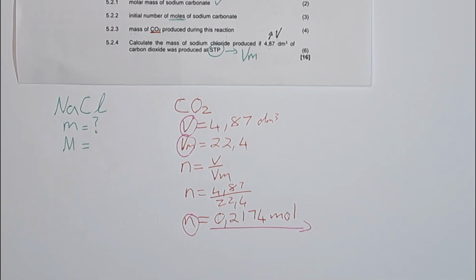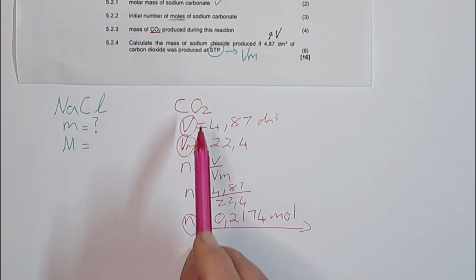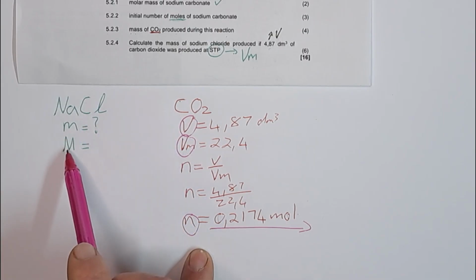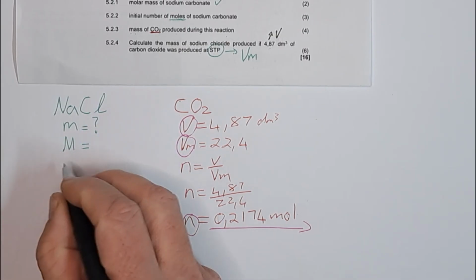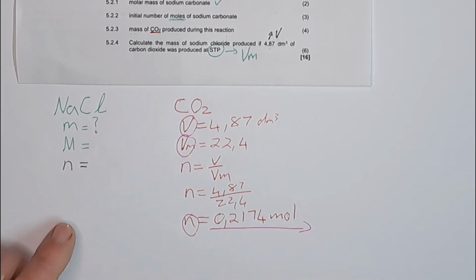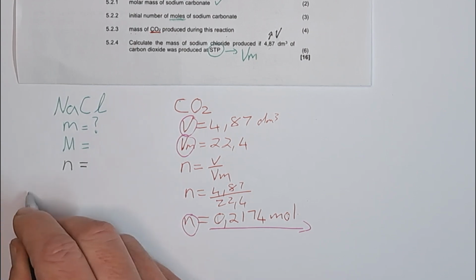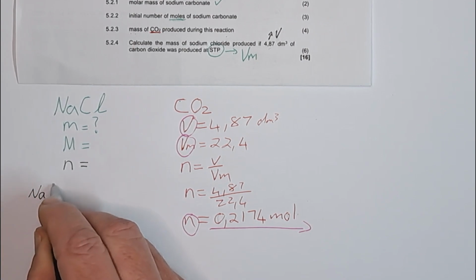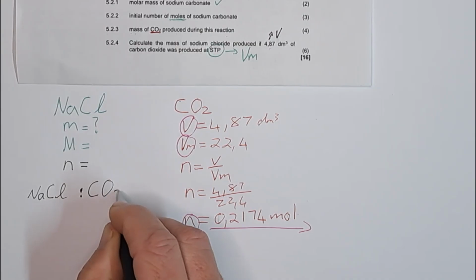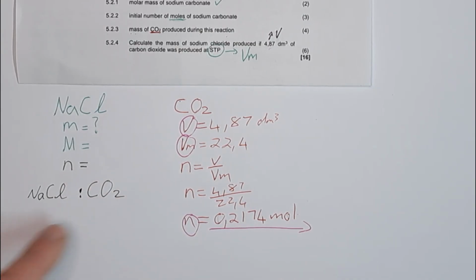So remember the ratio now. When we have a mole of one substance, we can use a ratio to get the mole of the other substance. It's going to be a little bit confusing, but let's jump into it. So I have sodium chloride versus carbon dioxide. First line is where we write our coefficients.